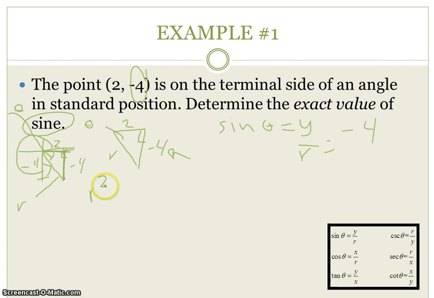So I know my r squared, my hypotenuse, is the other two sides, 2 squared plus -4 squared. Excuse me. My r squared is 4 plus 16.